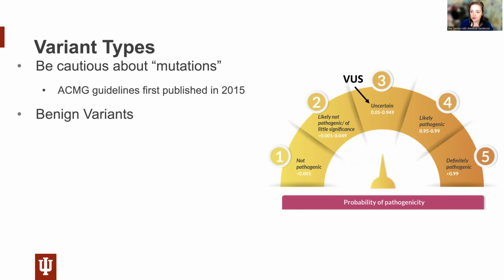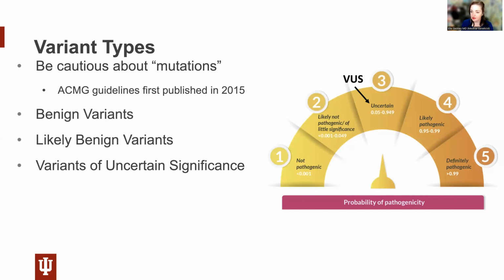And so we classify variants into 5 general types: benign variants, which are not disease causing; likely benign variants, which we think with a relative amount of certainty are not disease causing; and then variants of uncertain significance, which is the area where it makes the terminology kind of specific and important.